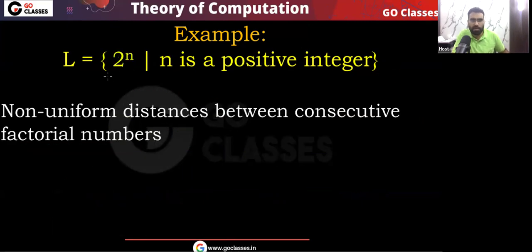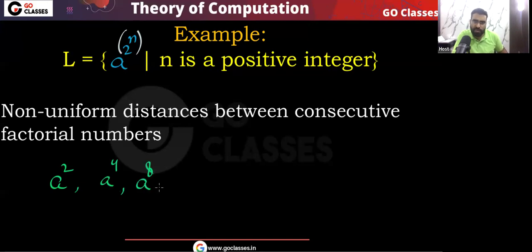What about 2 power n, where n is a positive number? In the GATE exam, they can give you a power 2 power n. If I put n equal to 1, it will be a power 2. If n equals 2, it will be a power 4.